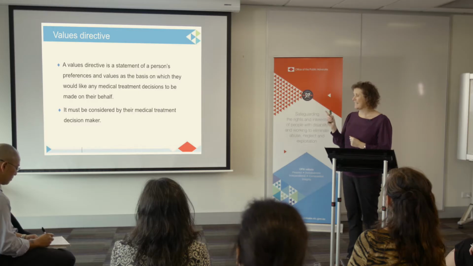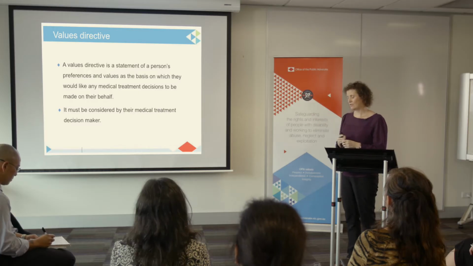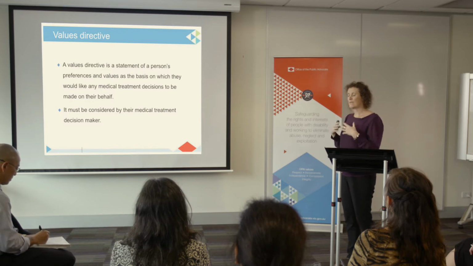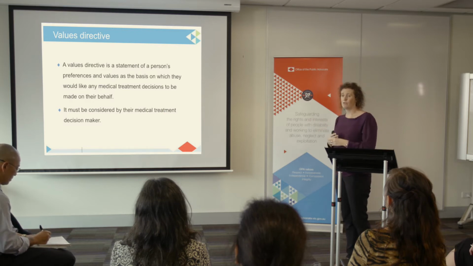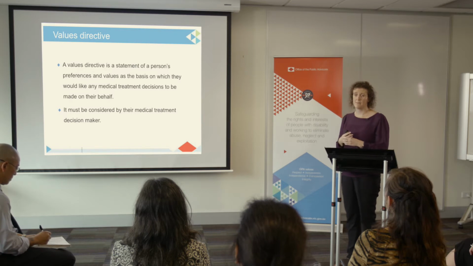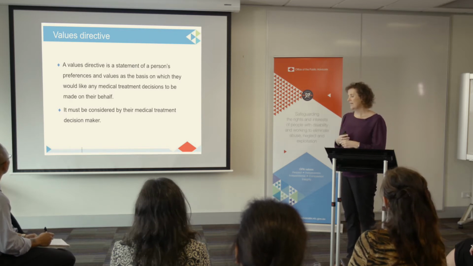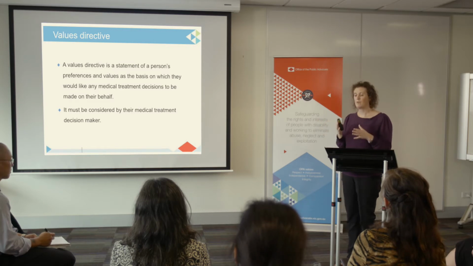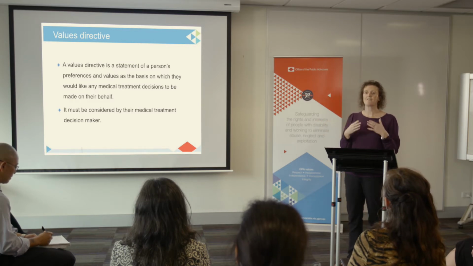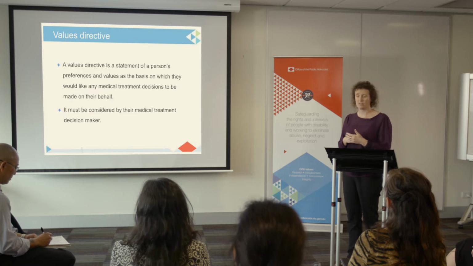There's no particular prescription of what you must write in a values directive. It is that indication of what's important to me. That's because the Act says that when someone is making a decision for you because you've lost decision-making capacity, a decision that's made about medical treatment should follow what that person's decision would have been if they had had capacity to make that decision.